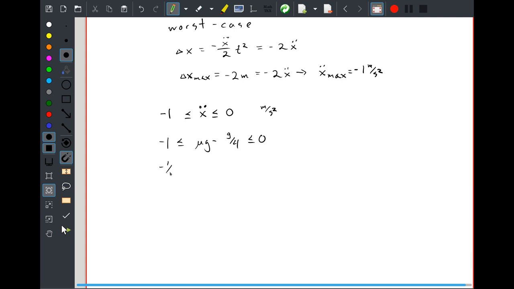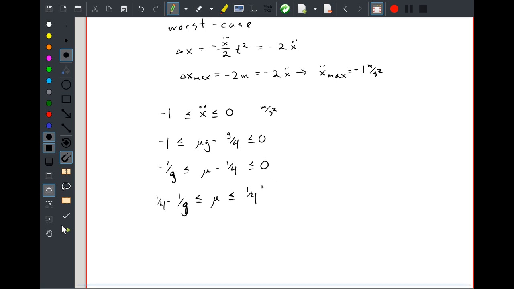So negative 1 over g is less than or equal to mu minus 1 over 4, which is less than or equal to 0. And then I'll add 1/4 to everything. So 1/4 minus 1 over g is less than or equal to mu, which is less than or equal to 1/4. This was the first term that we had found up above.